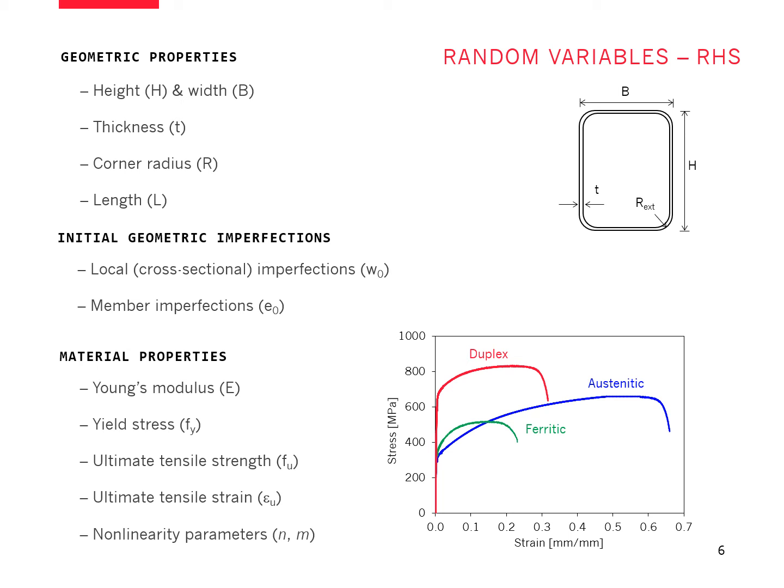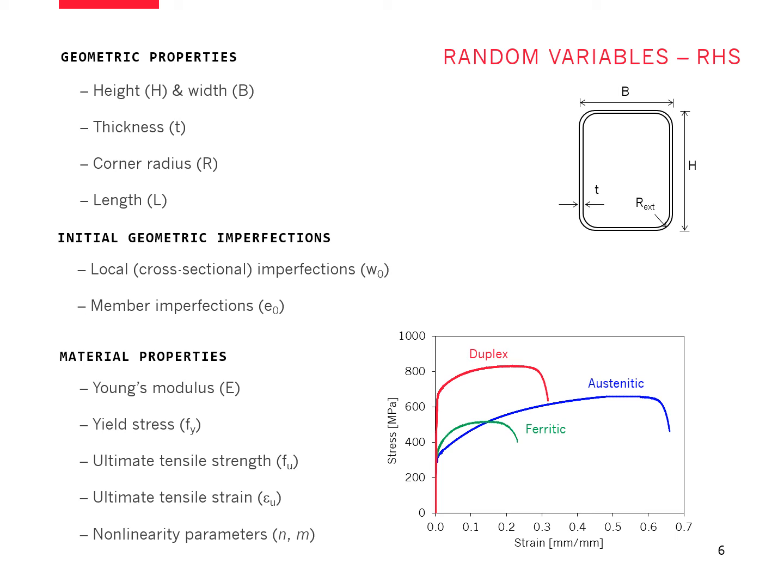Regarding the material behavior, the key parameters for austenitic, ferritic, and duplex stainless steels were considered, including the Young's modulus, the yield stress, the ultimate strength, ultimate strain, and the parameters governing the nonlinear behavior.